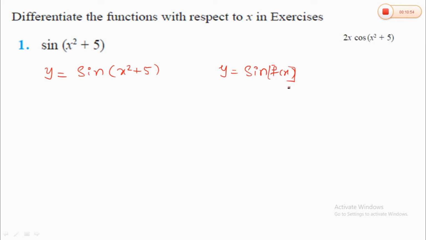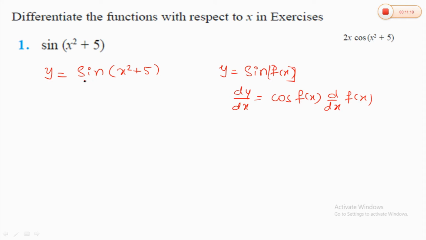It is a function of a function, a composite function. As I told in the previous problem, dy by dx is equal to the derivative of sine, cos f(x), times dy by dx of f(x). Apply this rule here.